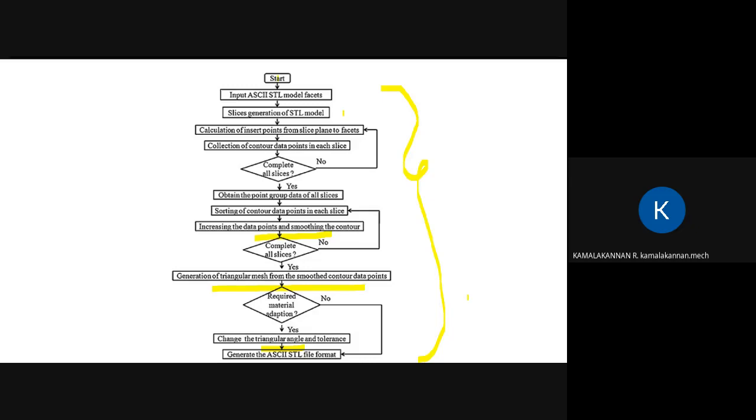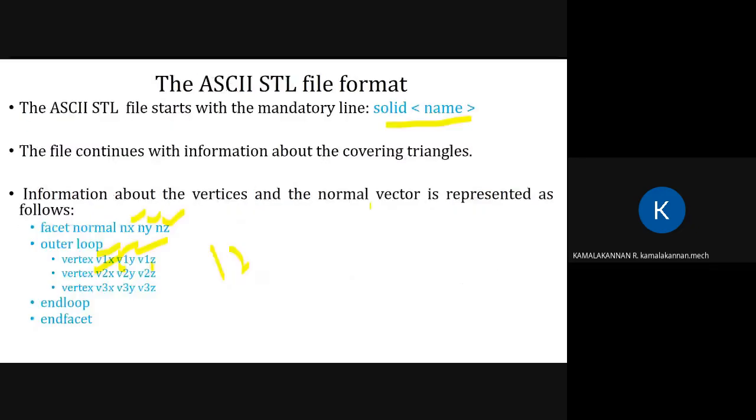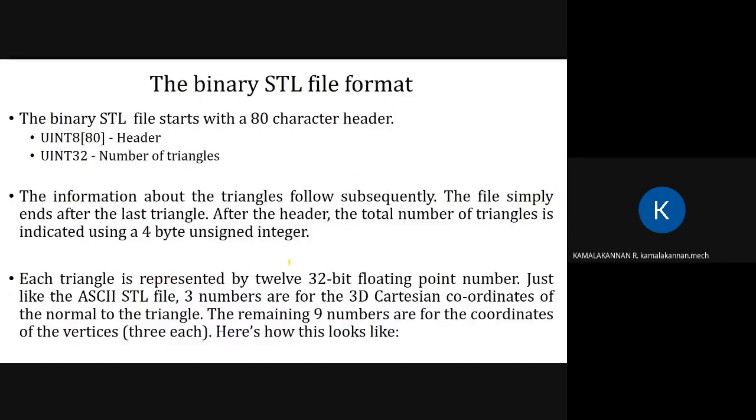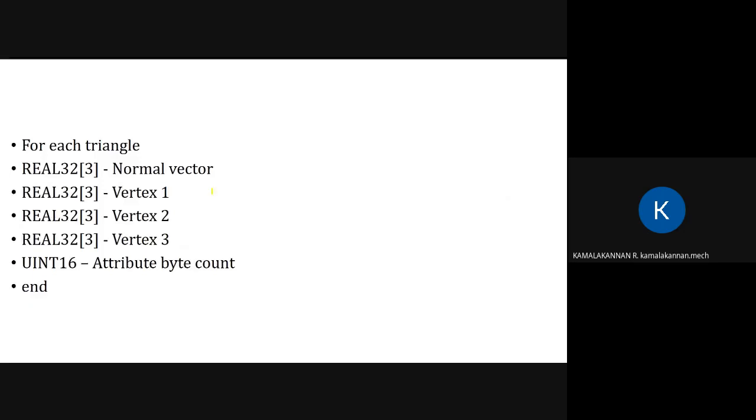So when you take ASCII, you need to store a lot of data. But here is how it changes. See, in the binary STL file format, there is a header that will open here. In that we can store much data with fewer bytes. So the normal vector for each facet, and in the 80-byte header we can store up to 80, so we can store all this data simply.